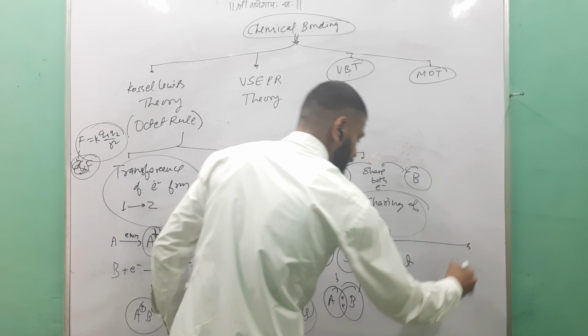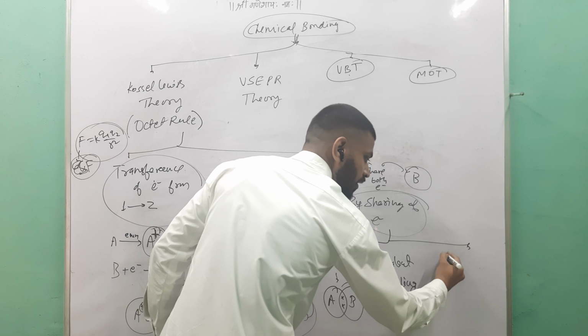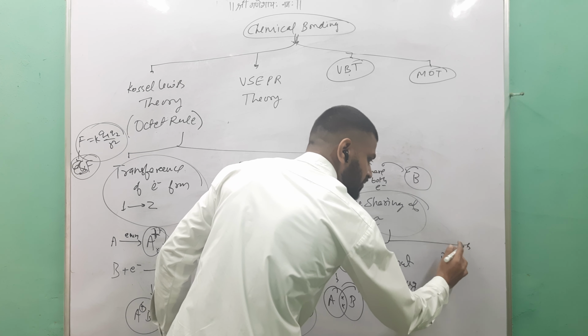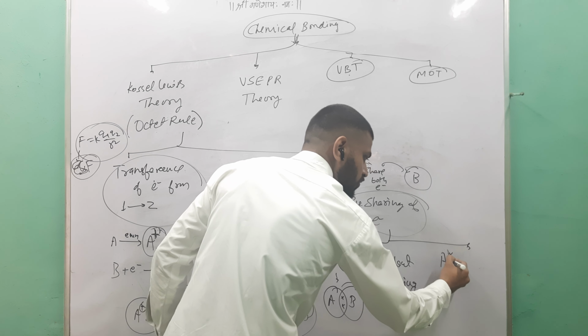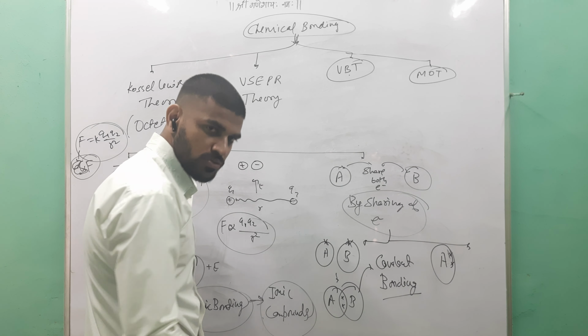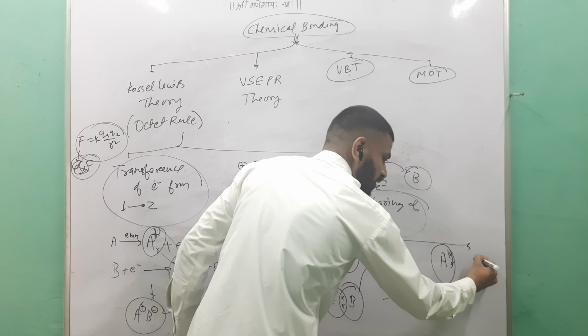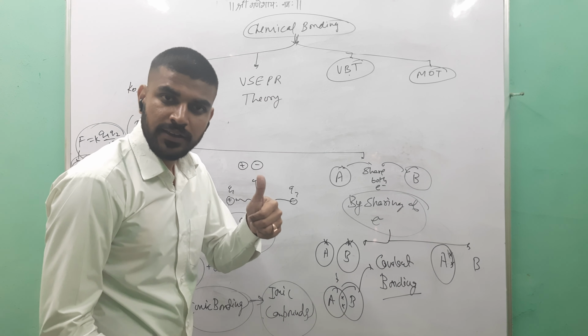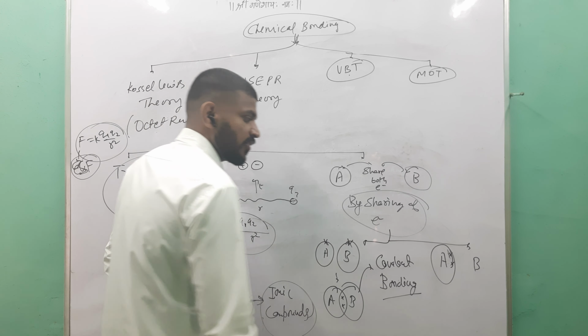Second one is A has two electrons, two chocolates. B has nothing.